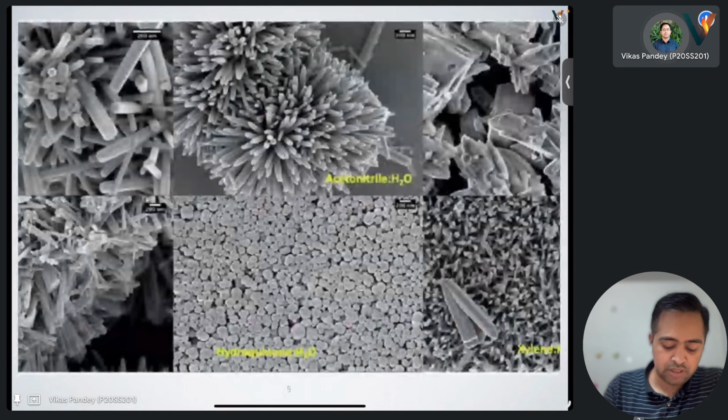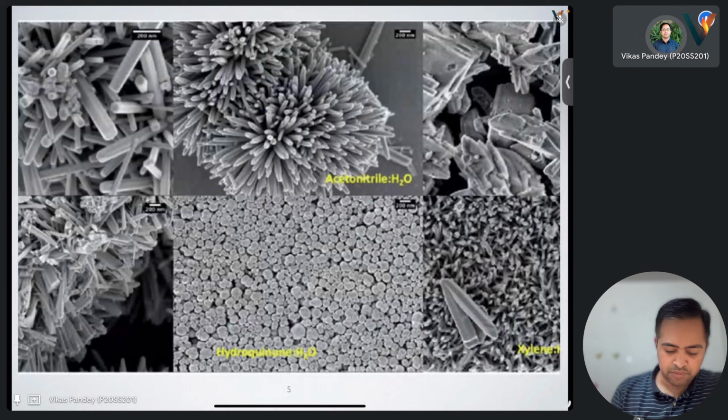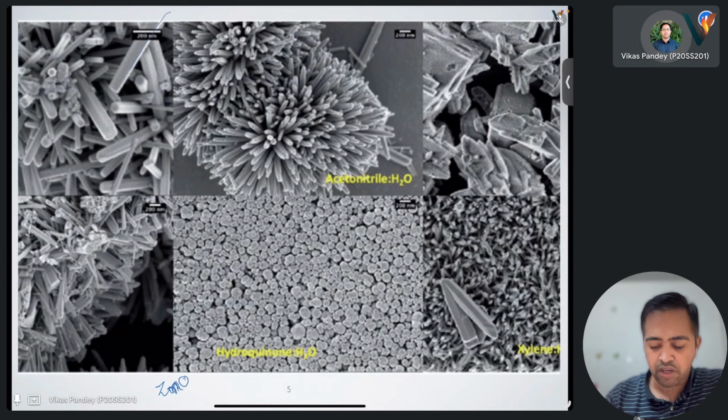I have taken one image from some people. These are ZnO, zinc oxide, nanomaterials, with different kinds of structures: rod-like, flower-like, and chip-like.